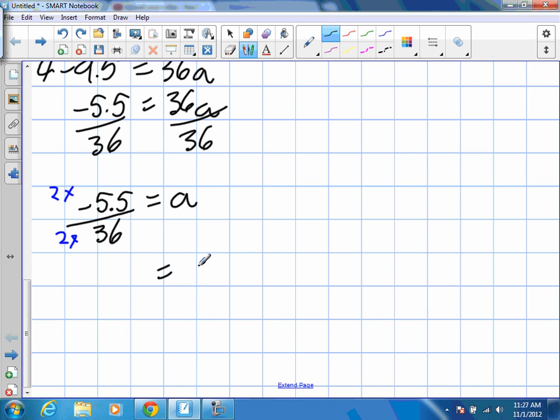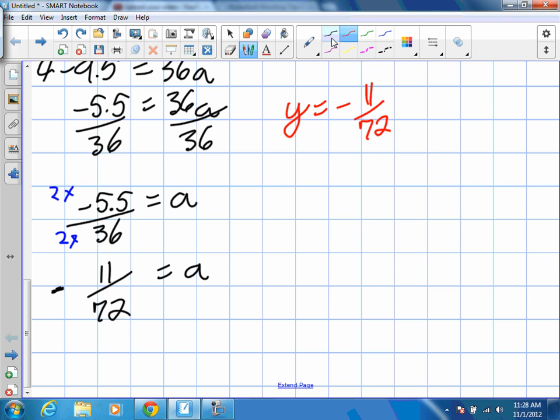It'll still be a negative fraction, which makes sense. Our a value should be negative because it's a parabola facing downwards. 5.5 times 2, negative 11, over 72. Okay. So here's our a value.